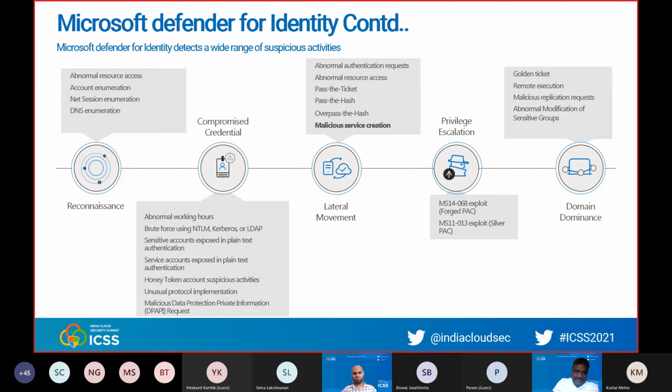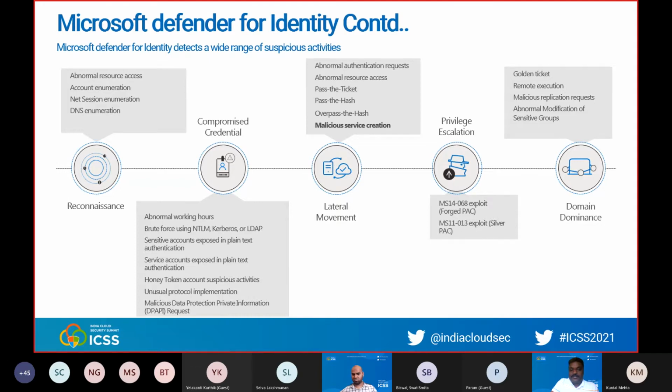Under the reconnaissance phase, it identifies and alerts the security admin about abnormal resource access, or if any account enumeration is happening, or any session is getting generated unexpectedly or abnormally, what kind of DNS enumeration is happening under that reconnaissance phase. So for all these kinds of examples, Microsoft Defender will generate an alert and share the details as a suspicious behavior.